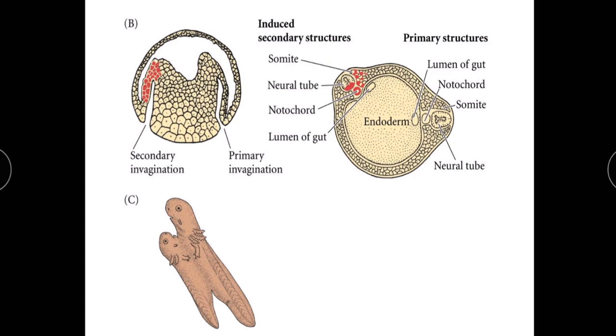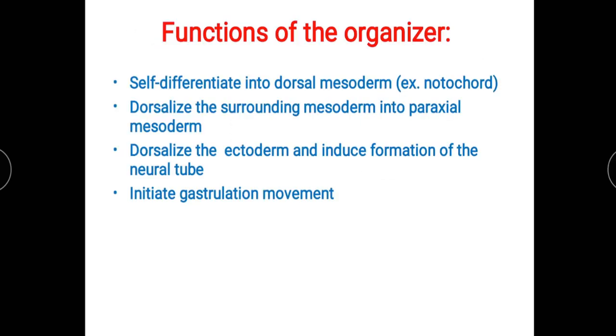That fate is never going to change, and that is the point from where the gastrulation starts. It doesn't matter where it is. If you transplant one more dorsal blastopore lip here, it will start the development from this point. Get it? So the dorsal blastopore lip is a very important area, and it acts as an organizer.